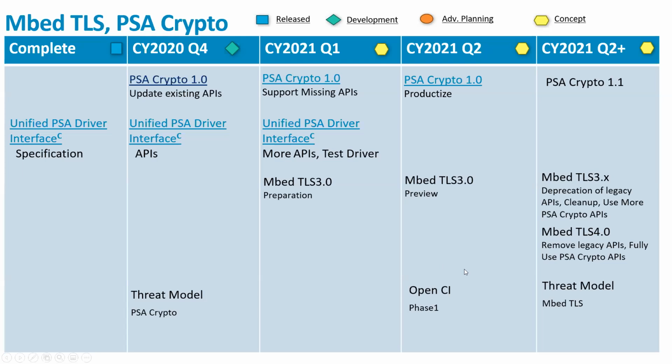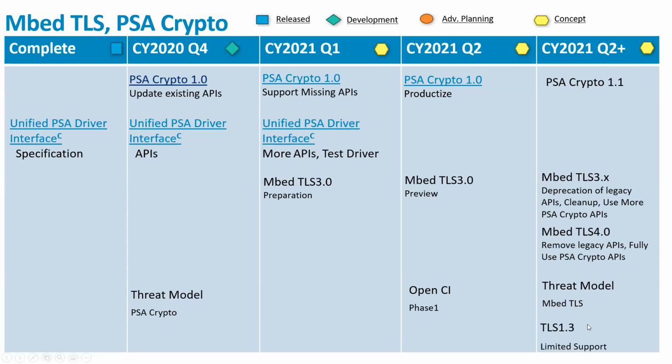So we will be working on an open test system for Mbed TLS and PSA crypto with our friends in Linaro, who have already brought up open test systems for TFM and TFA. So there'll be an Mbed TLS open CI, hopefully by middle of next year.